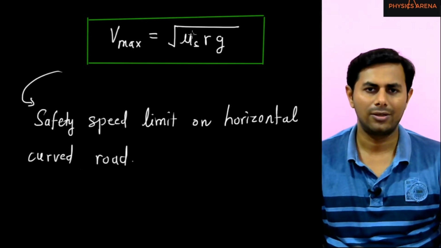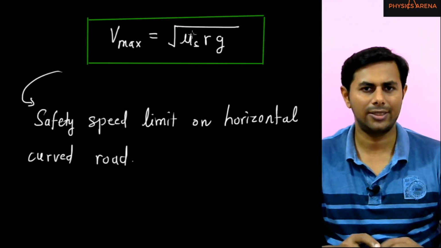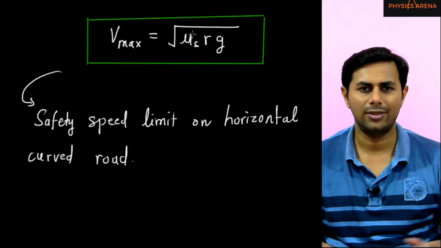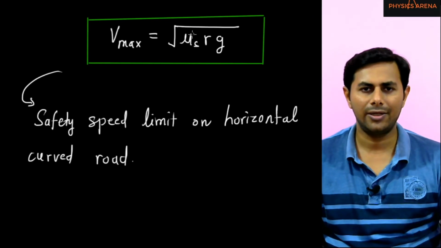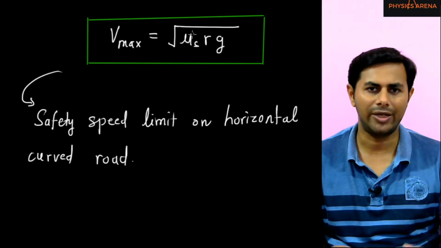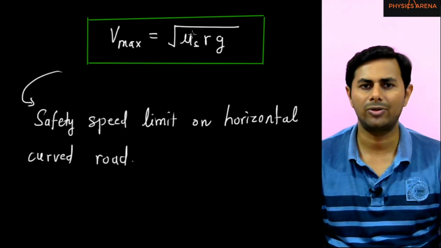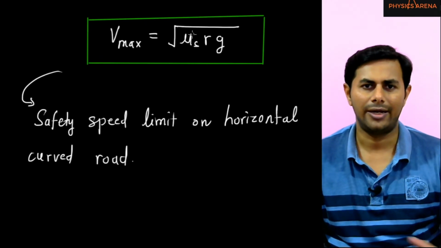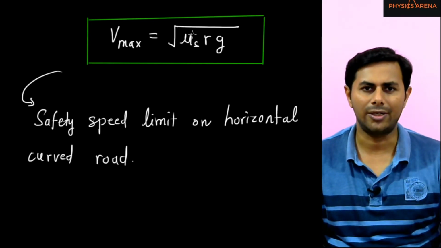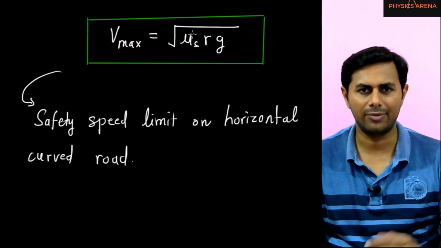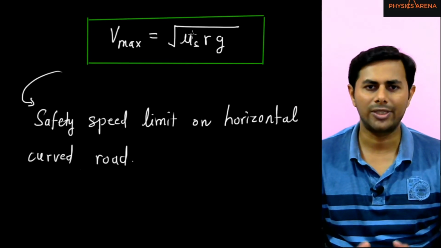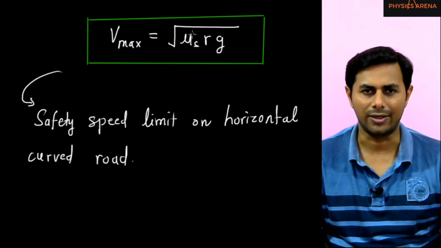For an example, let's suppose that there is some oil spread on the road surface, or in rainy season the road surface is wet, then the coefficient of static friction in those cases will be very less compared to the normal coefficient of static friction, and therefore the static friction will not be sufficient to provide the necessary centripetal force for the turn, and therefore there are more chances of skidding of the vehicles.